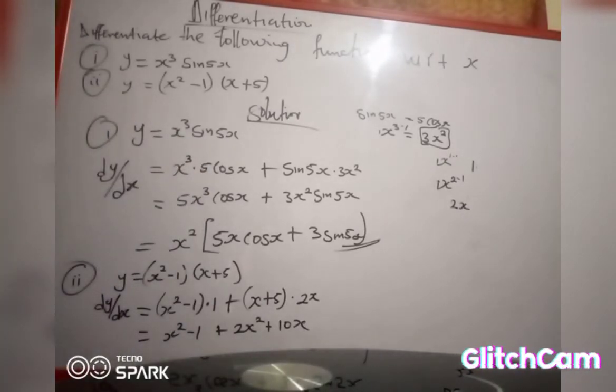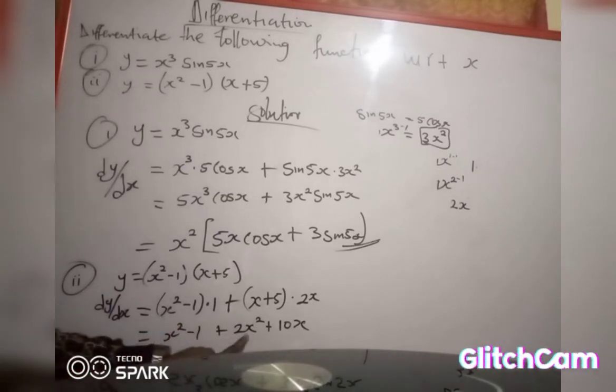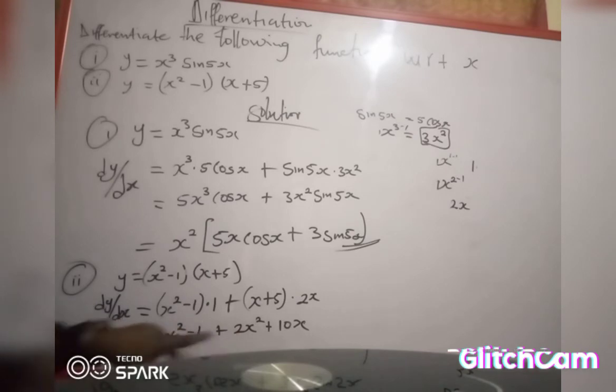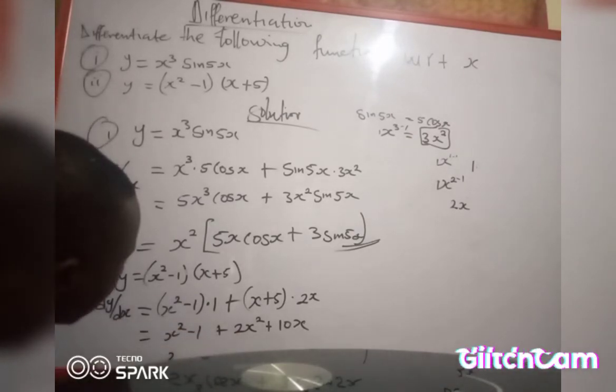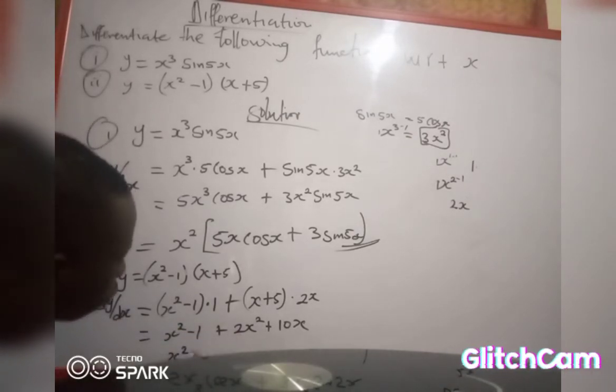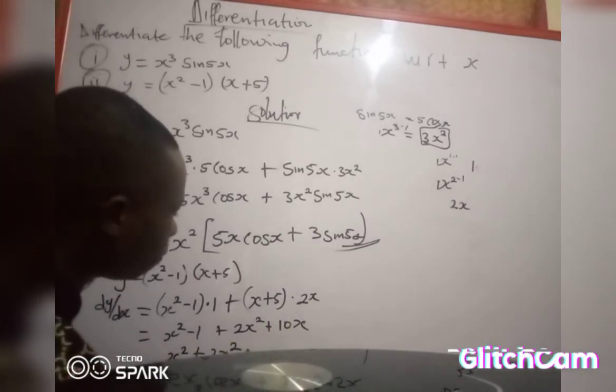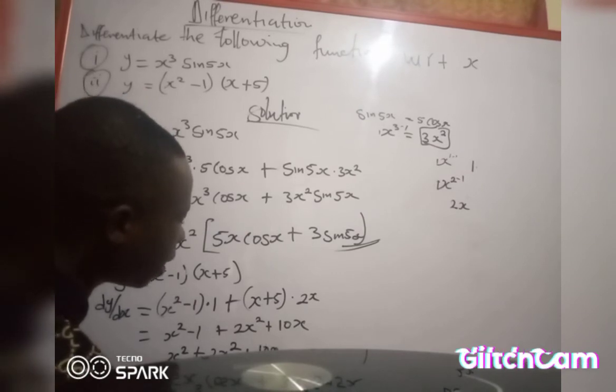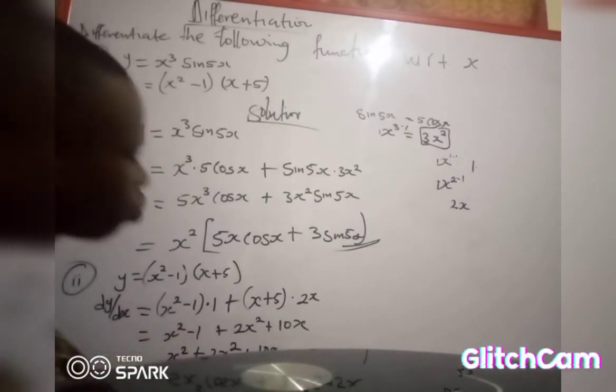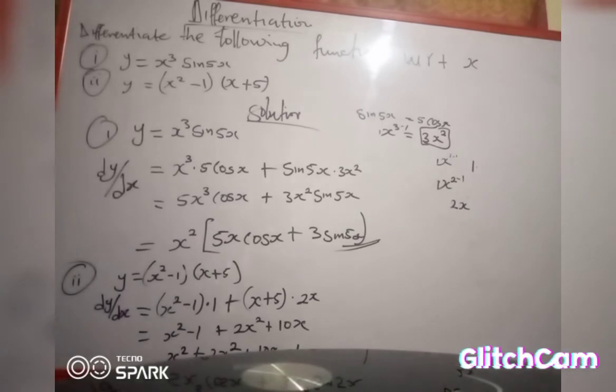So from here now, I can arrange the equation. We have s squared here, we have 2s squared here. They have the same common term. So s squared plus 2s squared, we have s here plus 10s and minus 1. So the equation is arranged.